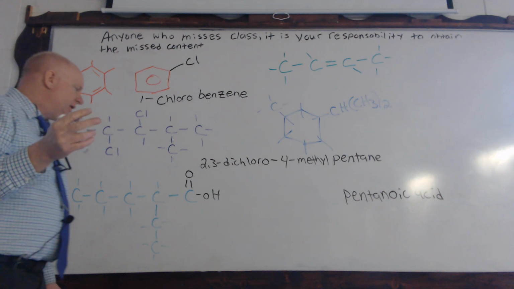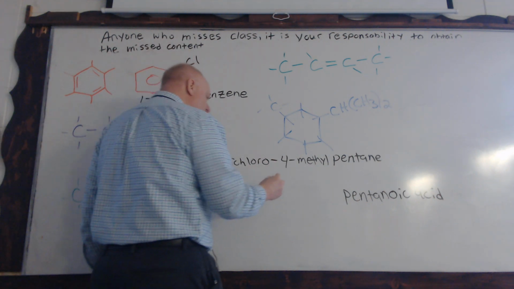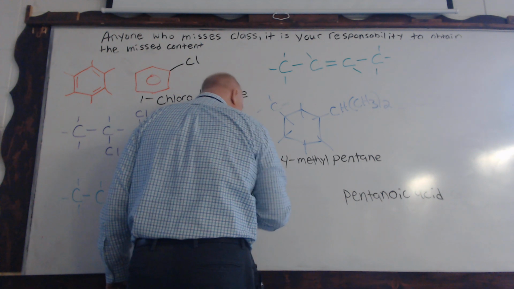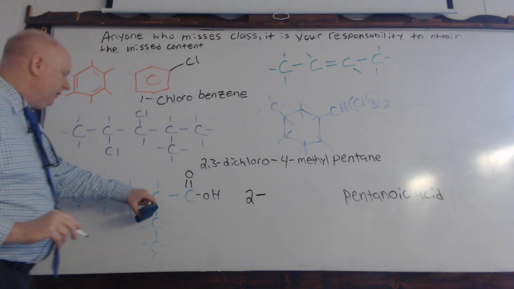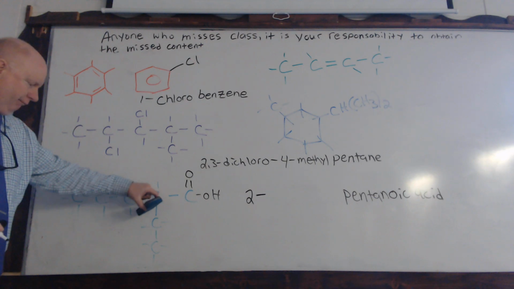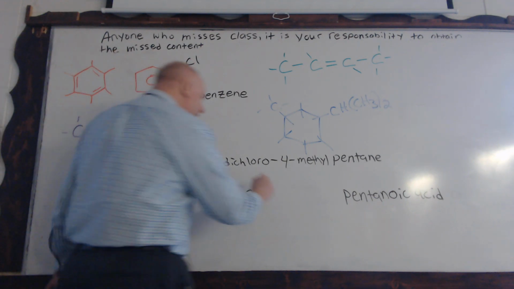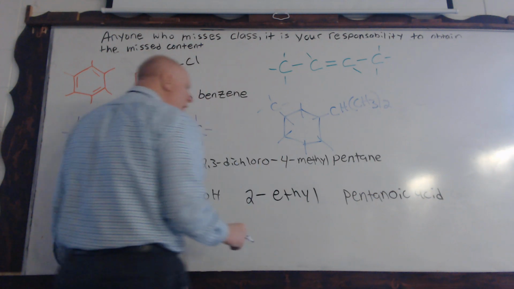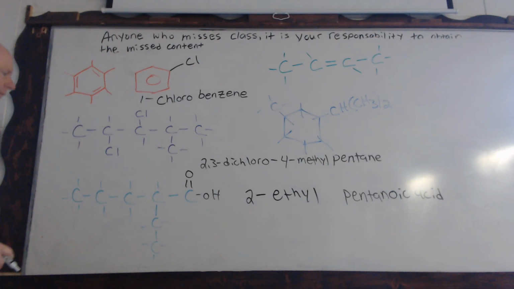Well, it would be the second one. Okay, so on our second carbon, what is branching off of here? You have an ethyl group. So then 2-ethyl pentanoic acid. This is the only time that you would ever put an ethyl group on the second carbon.